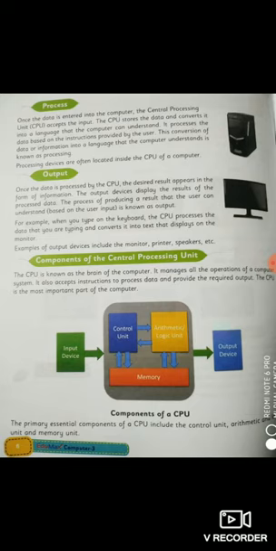Down below is one example. When you type on the keyboard, the CPU processes the data that you are typing and converts it into the text that displays on the monitor. Examples of output devices include the monitor, printer, speakers, etc.